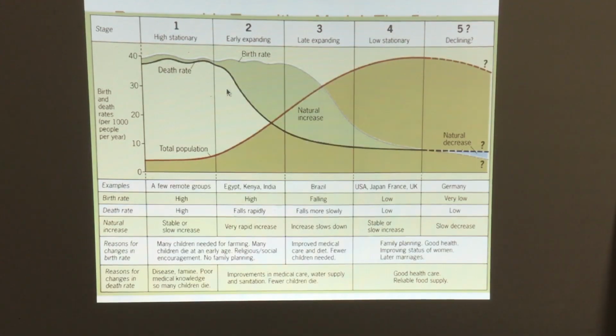As countries reach stages 3, 4, and 5, the death rate has dropped significantly, and the more likely cause of death is chronic diseases, because people are living longer. They're more old-age types of diseases like heart disease and cancer. So that's the epidemiologic transition.